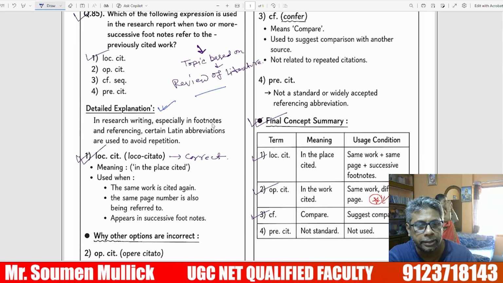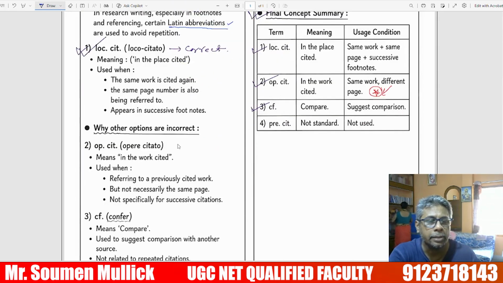In research writing, especially in footnotes and referencing, certain Latin abbreviations are used to avoid repetition. This point is very important. The abbreviation loc.cit means loco citato, the Latin phrase meaning in the place cited.